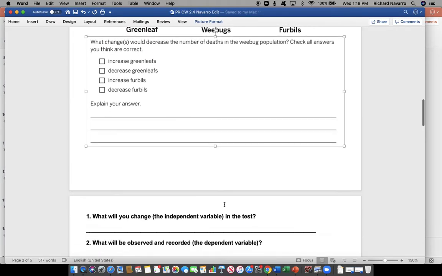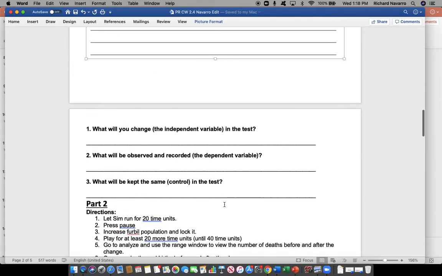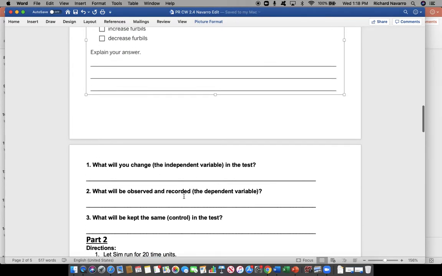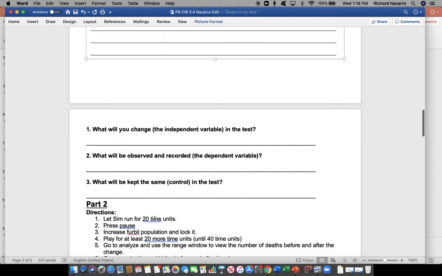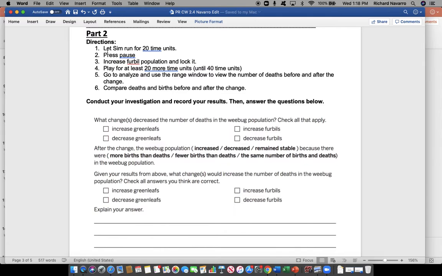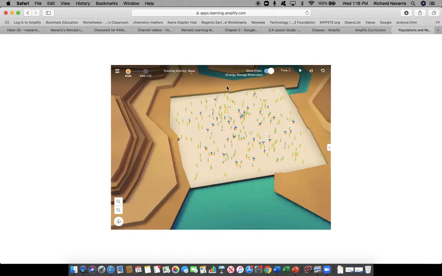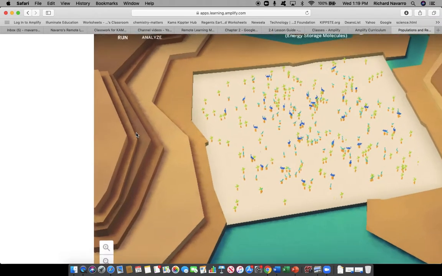So folks, on our tracking sheet, we've already filled out our information on our Google document. And what we're going to do is run our test. So here we are back on our simulator page.